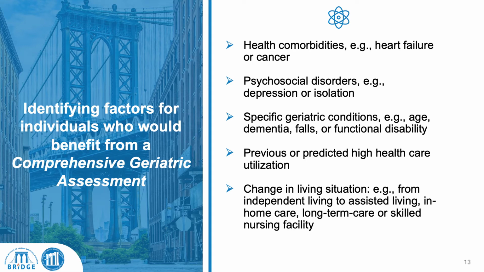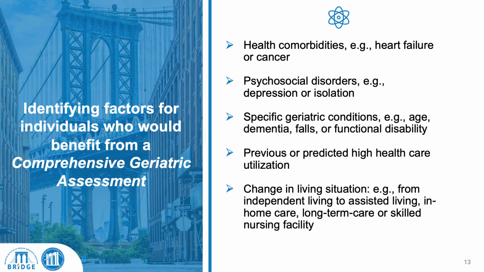And that includes their health or medical comorbidities, for example, heart failure, diabetes, high blood pressure, whatever their diagnosis may be. Their psychosocial disorders, which is either depression, isolation, food insecurity, housing insecurity.